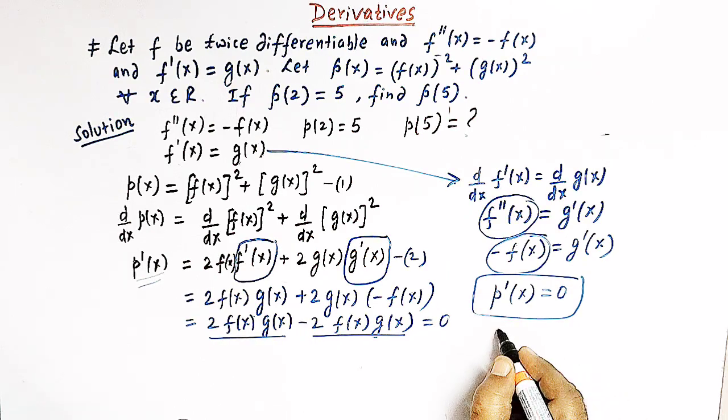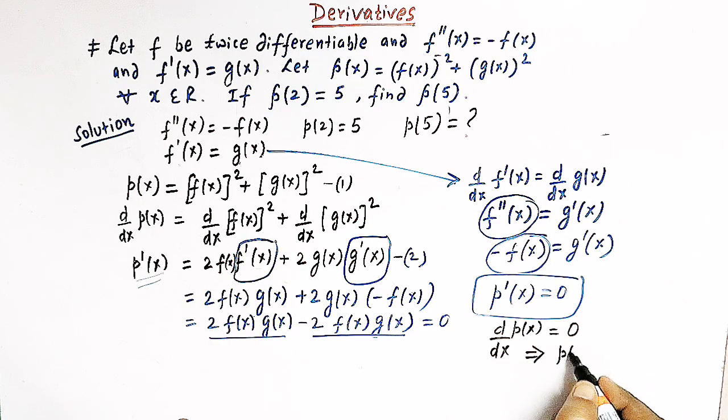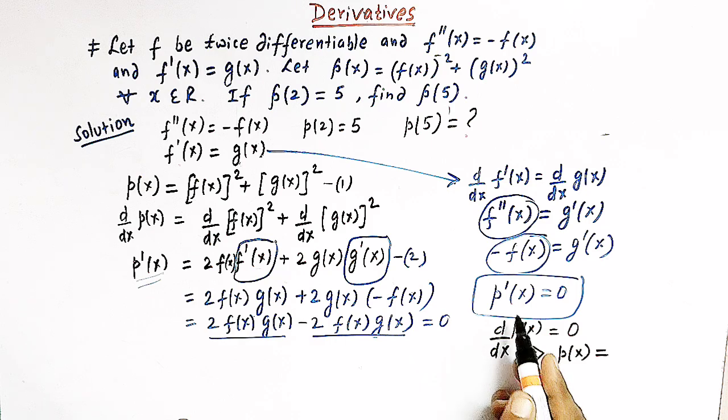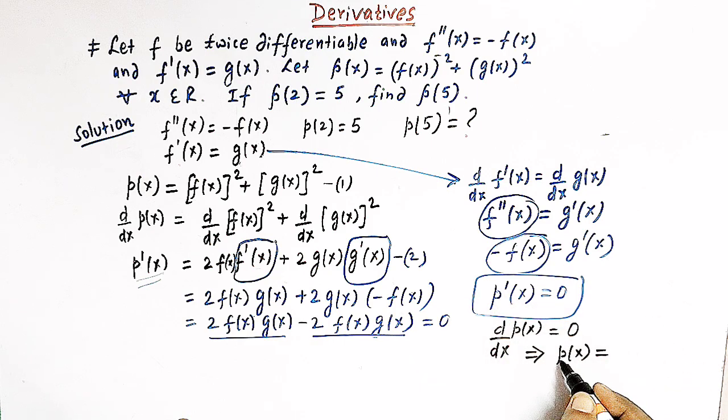So we can now write dp(x) over dx is equal to 0. So whenever the derivative of a function is 0, then the function is a constant function, right? So p prime of x is equal to 0. It implies that the function p of x is a constant function, and let us write it as k, where k is some constant. So we have arrived at this result, that is p of x is a constant function.